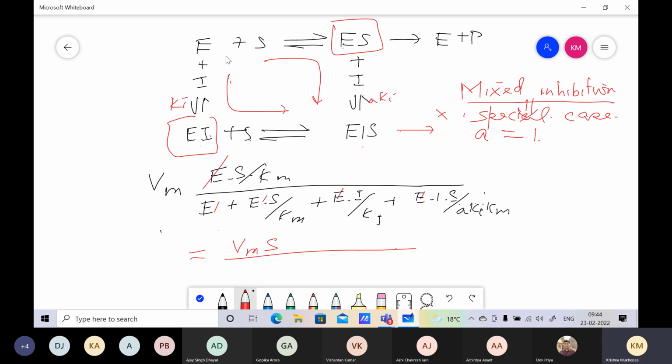Which really means that the inhibitor binding to the enzyme and the inhibitor binding to the enzyme substrate complex are exactly equal. So whether the enzyme is like this and the inhibitor comes and binds here is independent of whether the substrate is bound here or not. This efficiency of binding is not impacted by the presence or absence of substrate in the active site. Does that make sense?